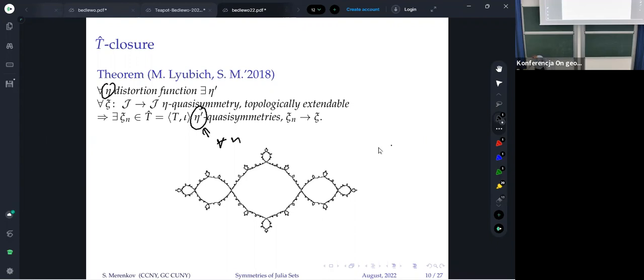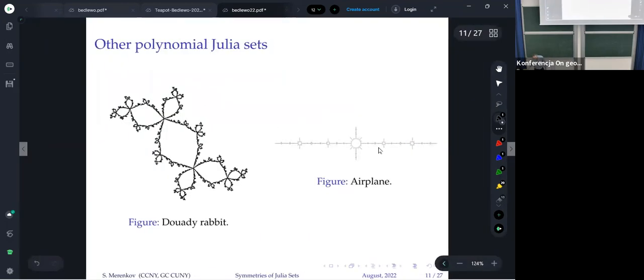Okay, so when we completed this, we thought a little bit about other similar Julia sets, for example, the rabbit. And using the same tools, you can describe the group of quasisymmetries for the rabbit, or for any Julia set of a quadratic polynomial that you can obtain by finitely many bifurcations from the main molecule.